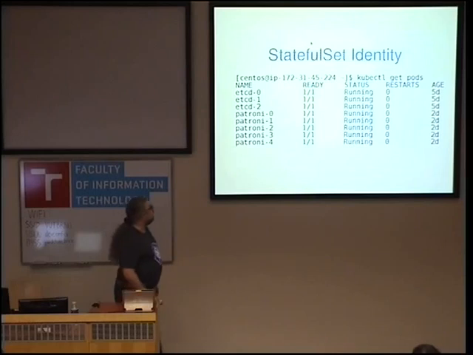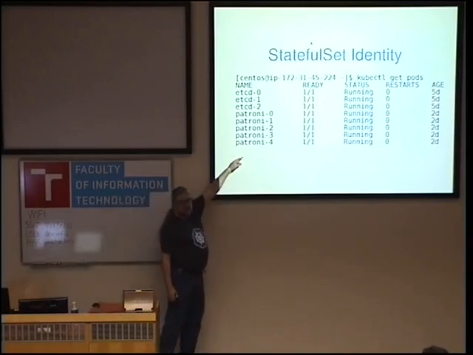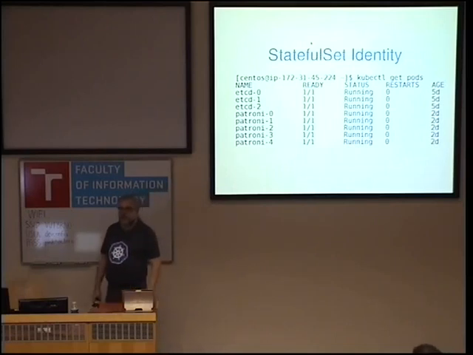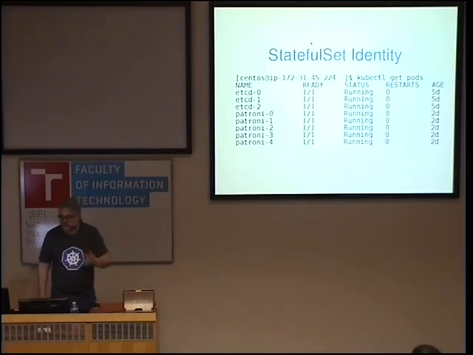And if this container dies, if Petroni1 dies and we have to replace it, it gets replaced with another container named Petroni1. And if we grow or shrink the number of nodes that we have, it always does it from the end. And that way, we not only can address the individual nodes, but in fact, we will know what set of nodes we will have based on the parameters for the stateful set.